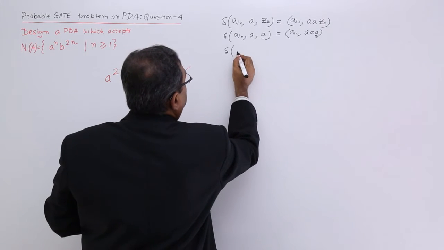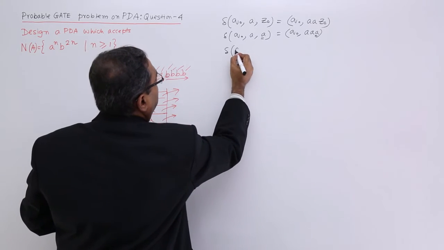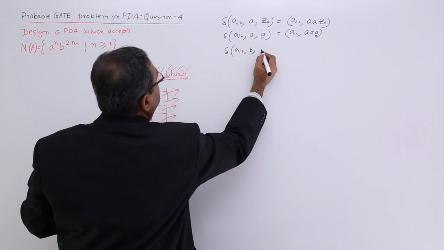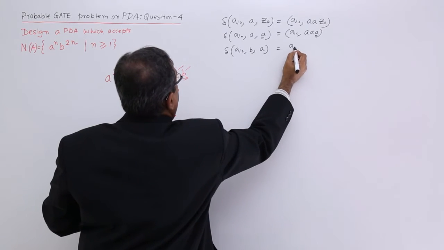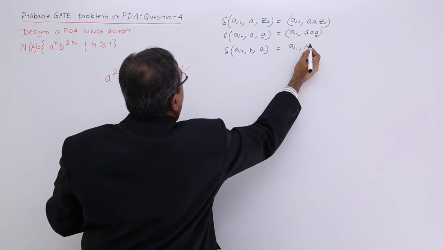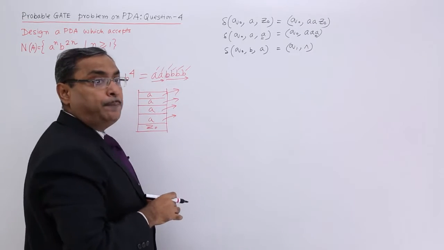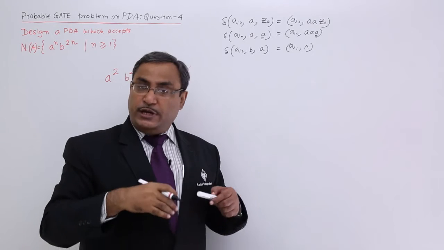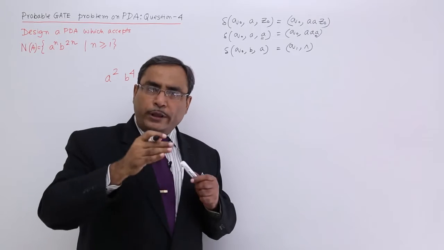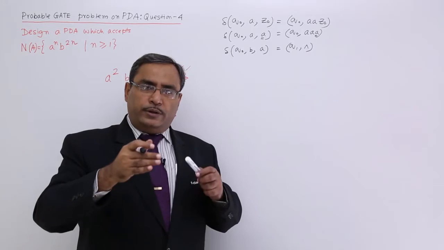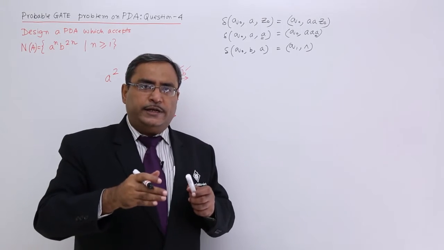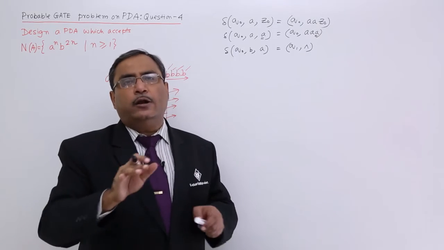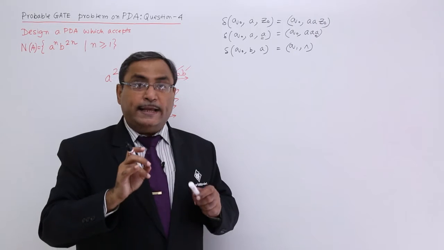Now let me go for (Q0, b, a). Let us change the state, and I am going for (Q1, epsilon). So, a has been popped from the top of the stack, and the state has got changed. Now I am going through this b. When I am in state Q1, I shall not expect any input symbol like a.